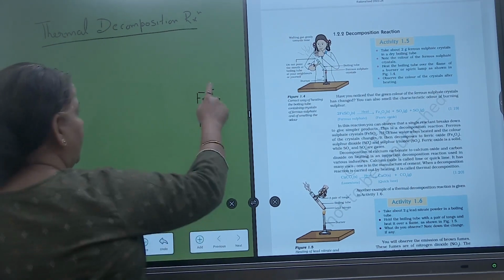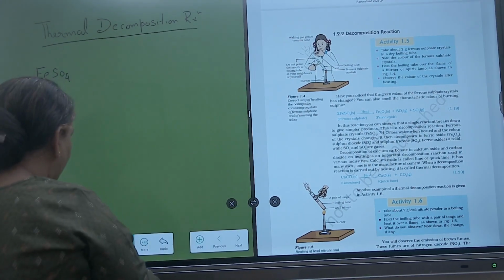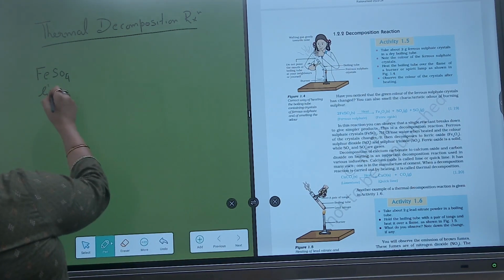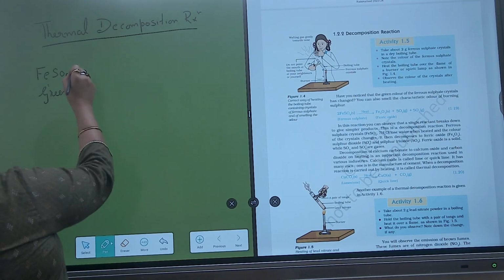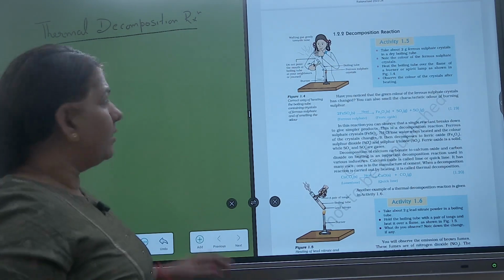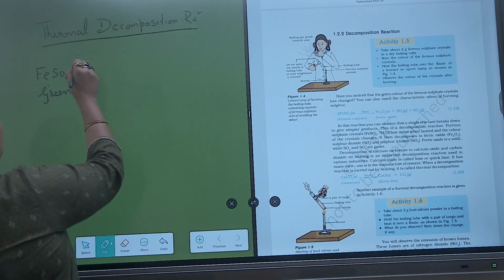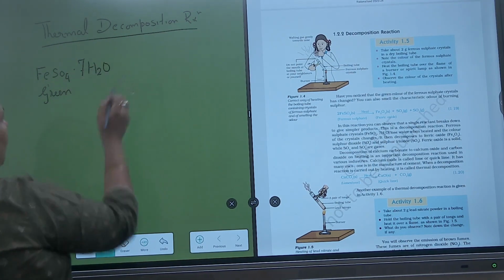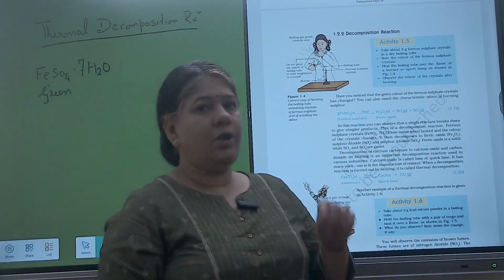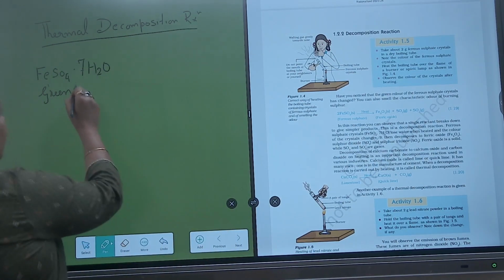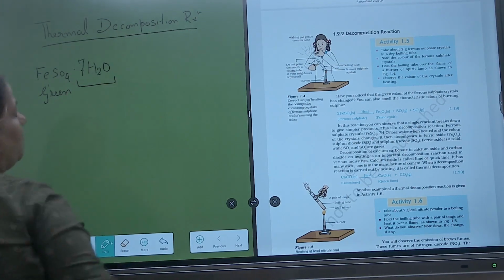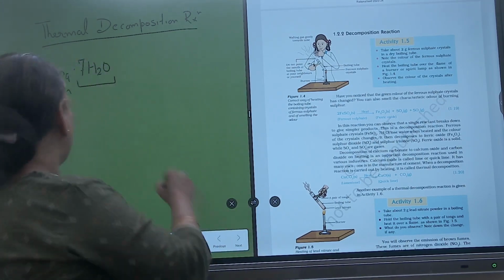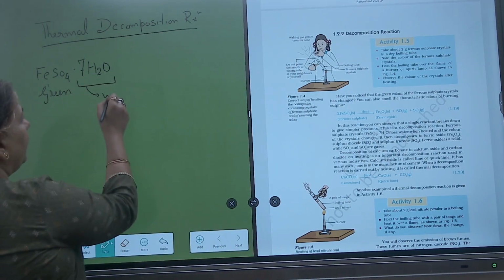So we are taking a ferrous salt which is green in color, and it is present as ferrous sulfate, dot 7 water molecules. What does this mean, dot 7 water molecules? This means it has 7 molecules of water chemically combined with the salt. This is called water of crystallization.